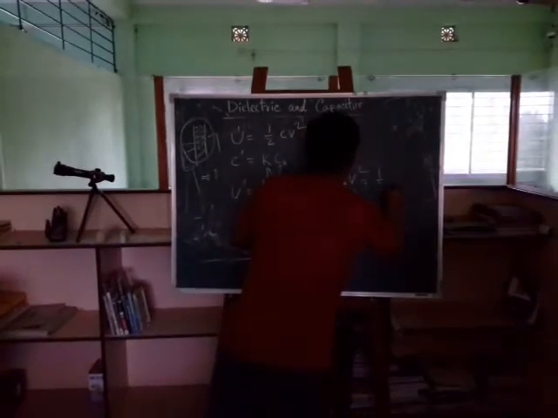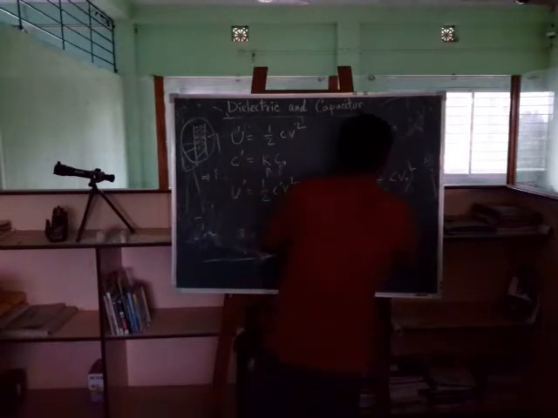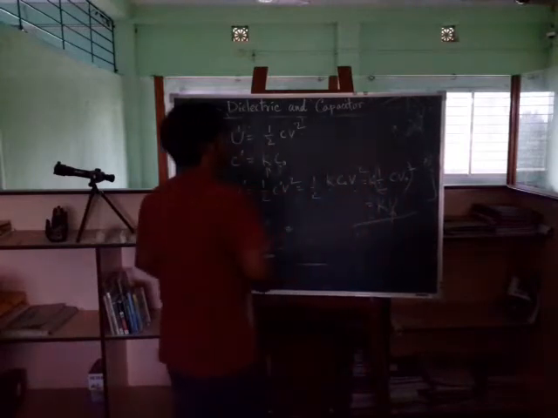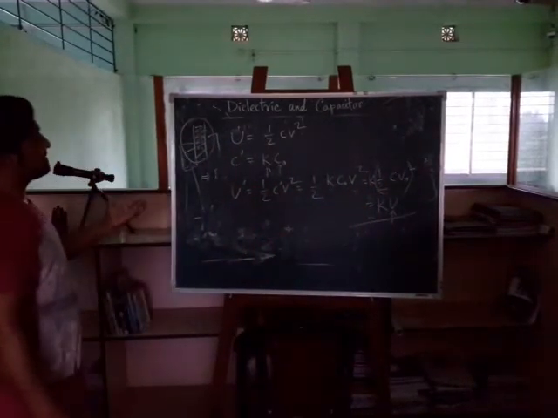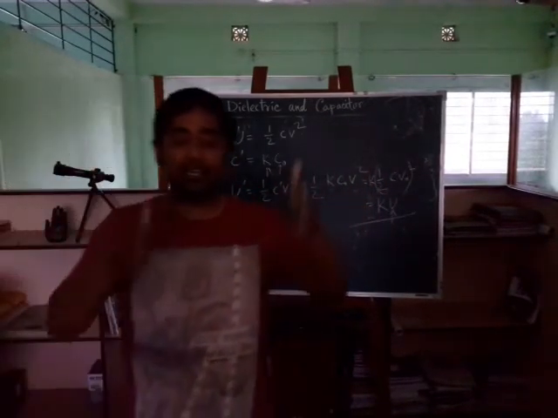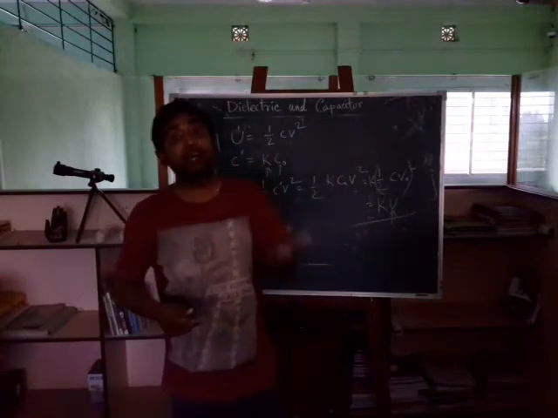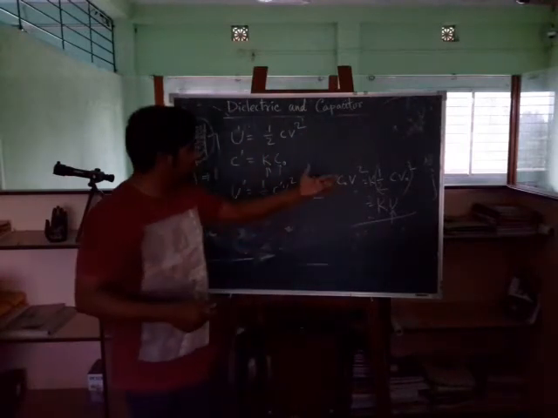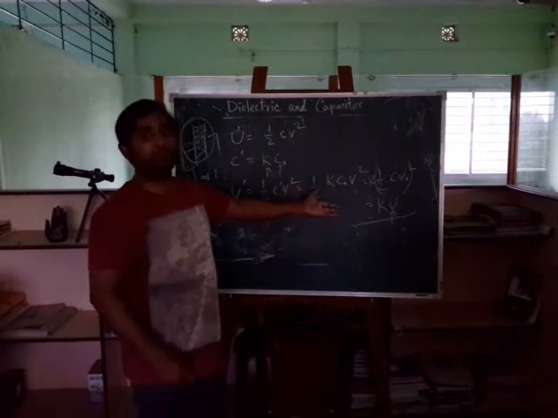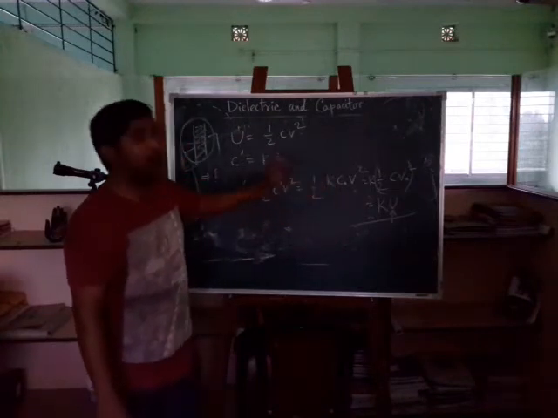This is basically half C naught V square, with a K term, and that is the energy when there is only vacuum. So you see the energy stored in a capacitor when there is dielectric media in between the two plates is K times more than the energy stored in the parallel plate capacitor in vacuum.